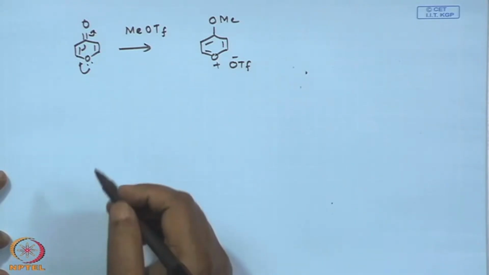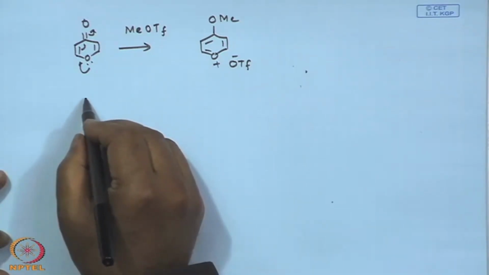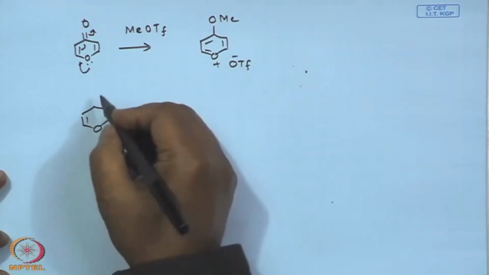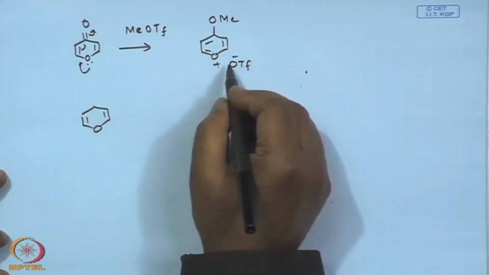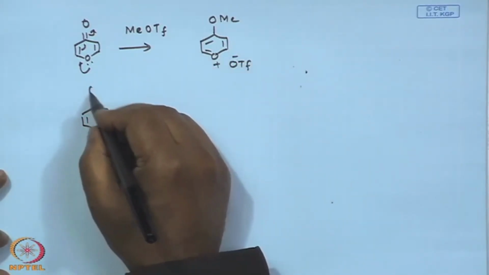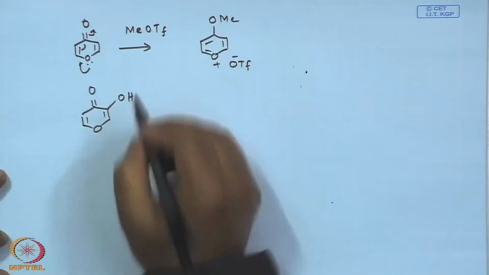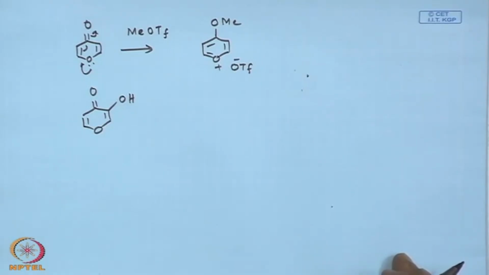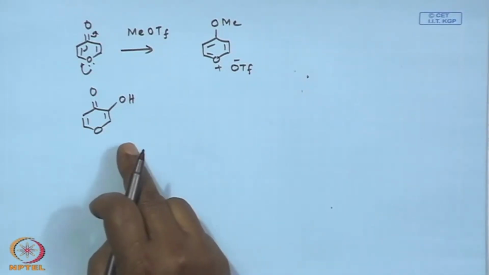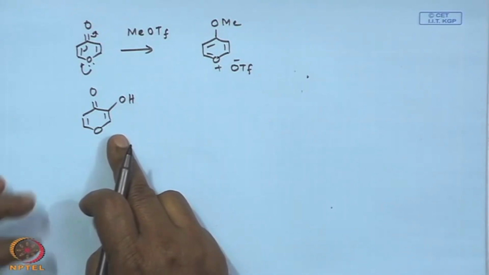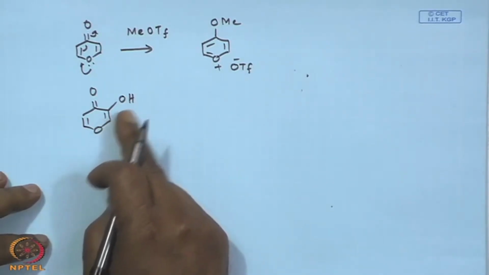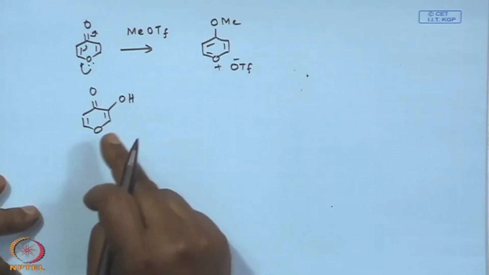Now, let us switch over to a similar molecule. What you will see is that this sort of molecule can undergo reactions to form a pyrrolium ion. The same, or rather a similar kind of reaction, with 3-hydroxypyrone, which is equivalent to the 3-oxidopyrrolium ions.